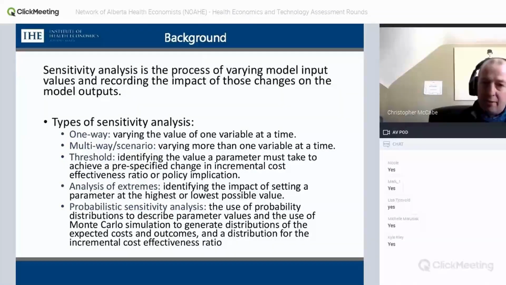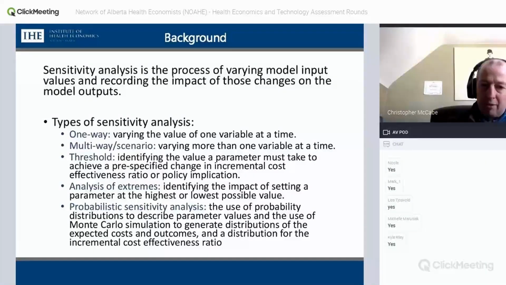So what is sensitivity analysis? Generally, it's the process of varying the values of inputs and recording the impact of those changes on model outputs. And conventionally, we talk about one-way sensitivity analysis, multi-way sensitivity analysis, which is very similar to scenario analyses. We have threshold analyses where you try and identify the value of a parameter at which there is a change in the decision indicated by the cost effectiveness ratio, the result.